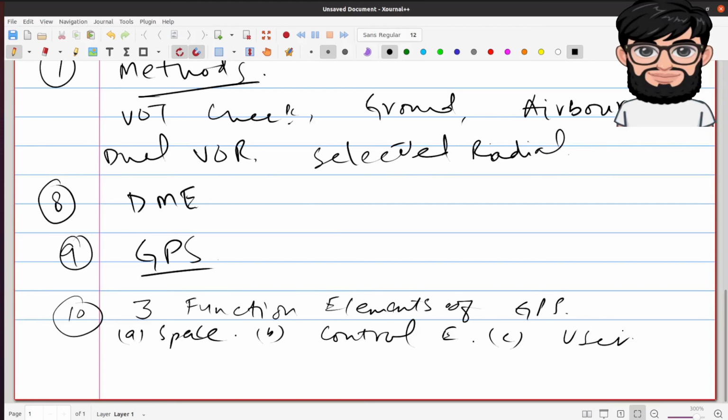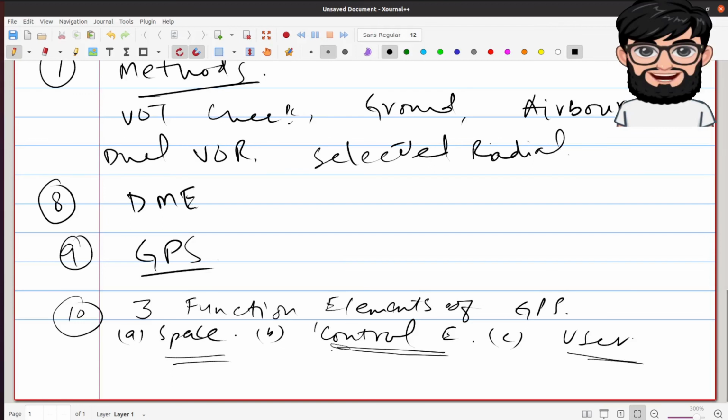So why did I say that I take it back? It's just because of the control elements. This GPS system is made of the satellites, which is the space element. There are a total of 30 satellites, and then we have the user element, which has a receiver and is talking to it.